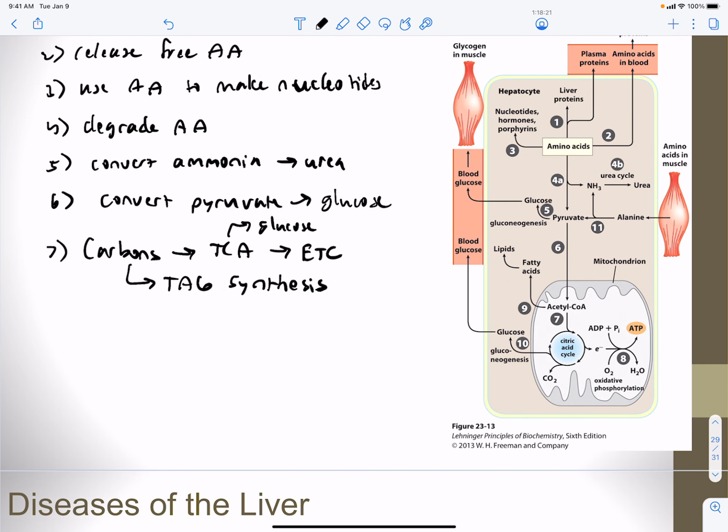Okay, so with respect to amino acids, if you have a person with liver disease, the concentration of amino acids in the blood is typically elevated. And this is caused by an increased rate of protein turnover, as well as an impaired ability of the liver to take up amino acids.